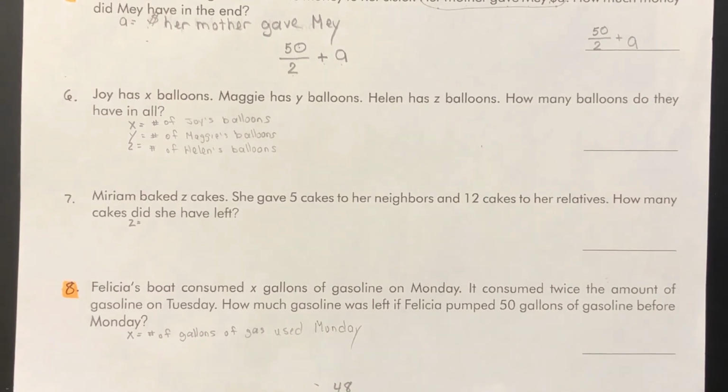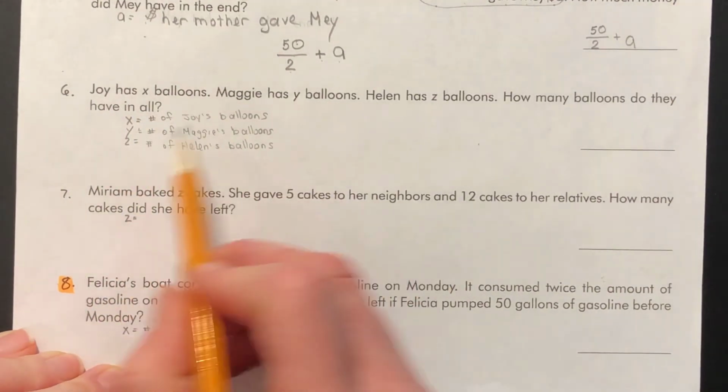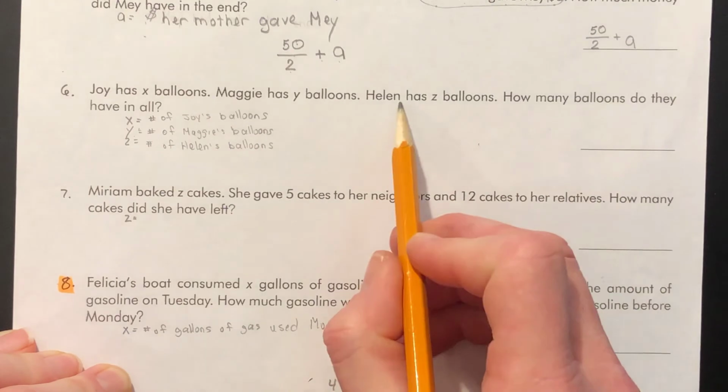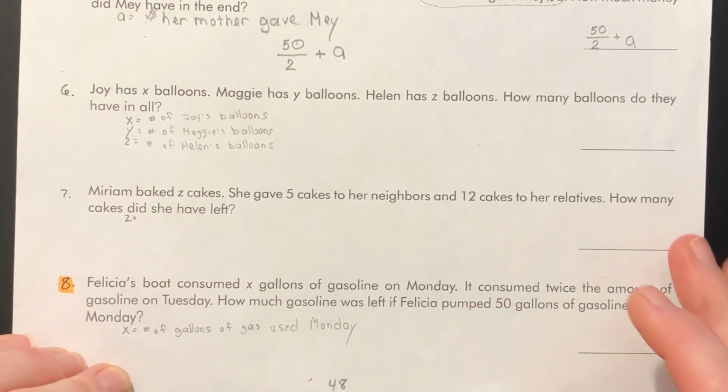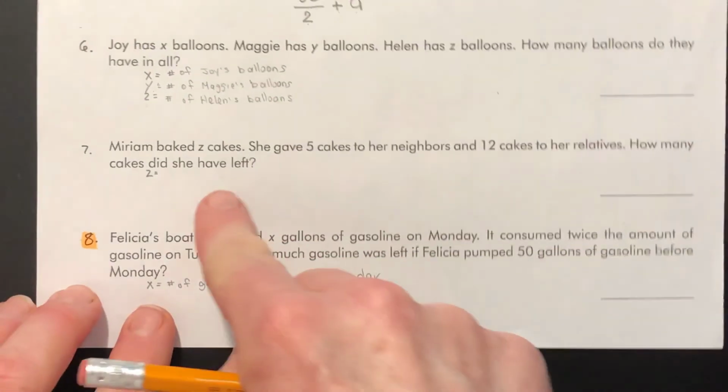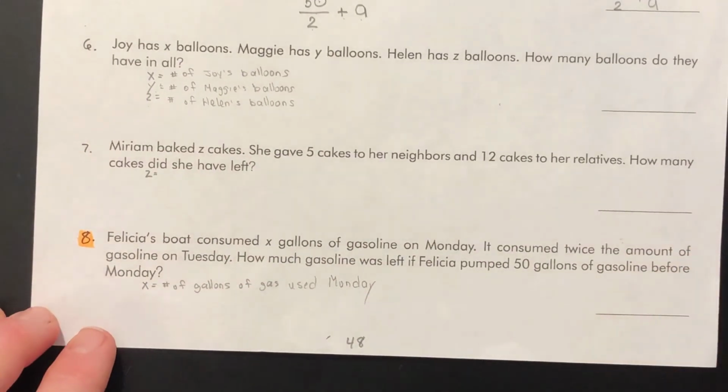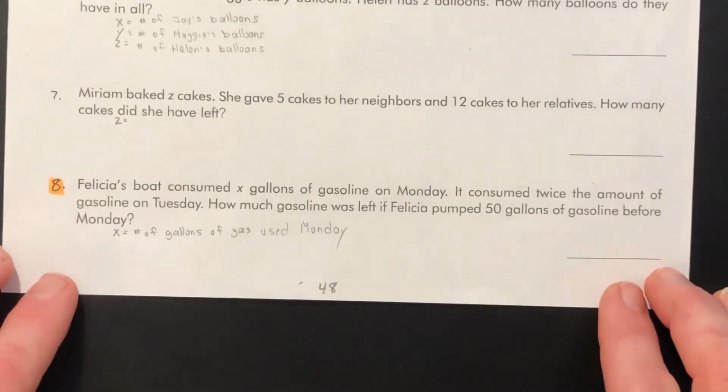But just to give you that heads up that you will be solving equations with more than one variable. However, right now we've just had one variable. So Joy has X balloons, Maggie has Y balloons, Helen has Z balloons. Now you write the expression that goes with that one. Number 7, you need to define Z before you write the expression. And then number 8 we'll do together.